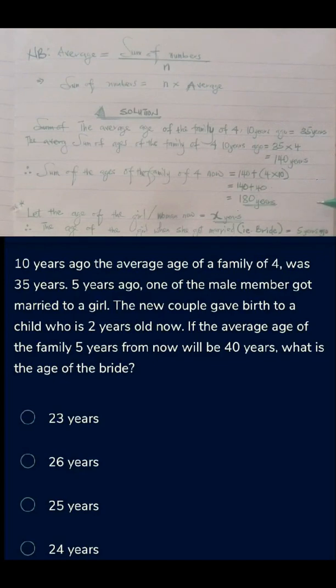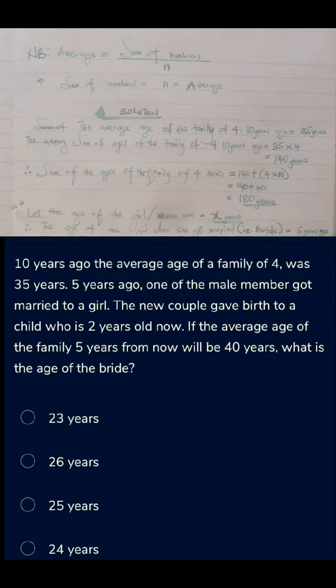After 5 years from the question, one male married. So 5 years ago, one male member married. So let the age of the girl, the woman, now be X years. So the age of the girl when she got married, that is the bride, will be equal to 5 years ago, as per the question, because the man got married 5 years ago.